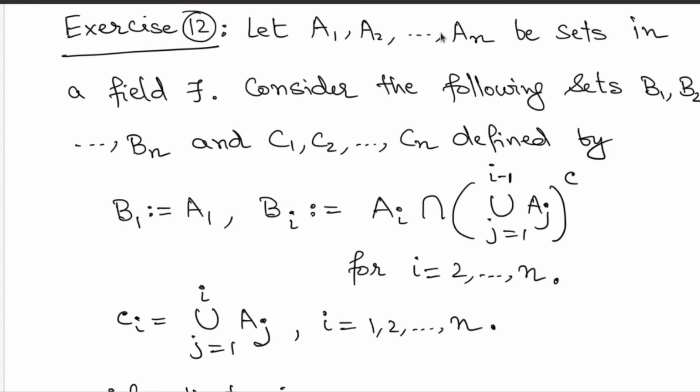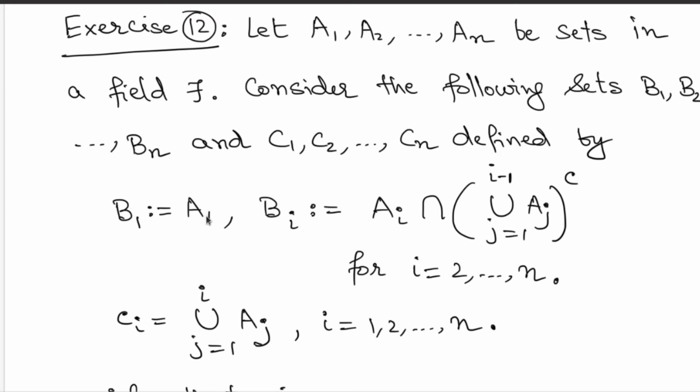I define b1 to be a1 itself, but for i equals 2 onwards, I define bi to be ai with all the elements that I have seen so far removed. By that I mean I look at the union of the aj's from 1 to i minus 1, which we have already encountered, and then I take them out from ai.